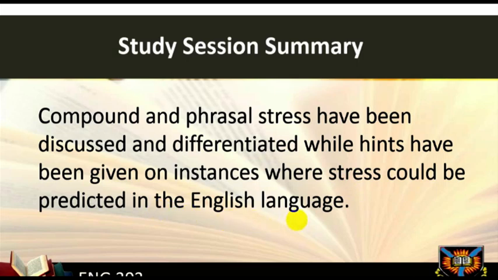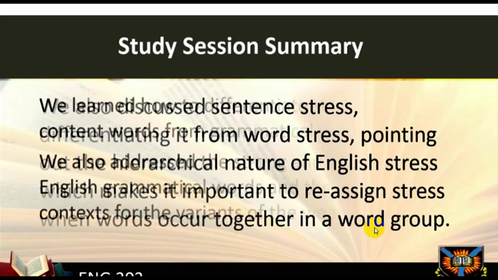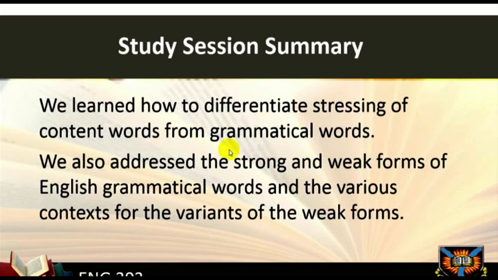We also discussed sentence stress, differentiating it from word stress, pointing out the hierarchical nature of English stress, which makes it important to reassign stress when words occur together in a word group. We learned how to differentiate stressing of content words from grammatical words. We also addressed the strong and weak forms of English grammatical words and the various contexts for the variants of the weak forms. End of study section 8.